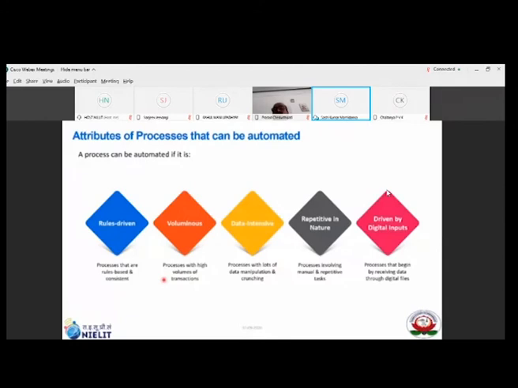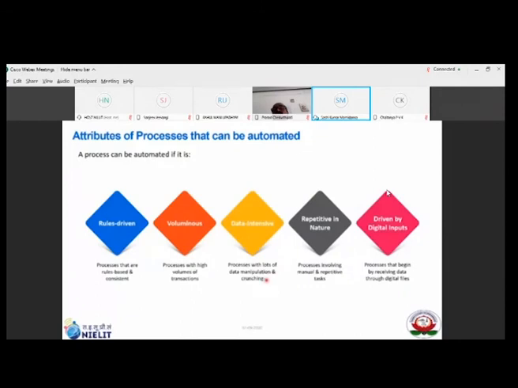To process this 100 MB, it takes probably 1 week or 10 days for somebody to review and give us a result. But building a bot, investing in the software, and doing all of that is probably useless for such a small amount of information. But if there is data coming every day, every minute, then that is where you want RPA to come and help you.